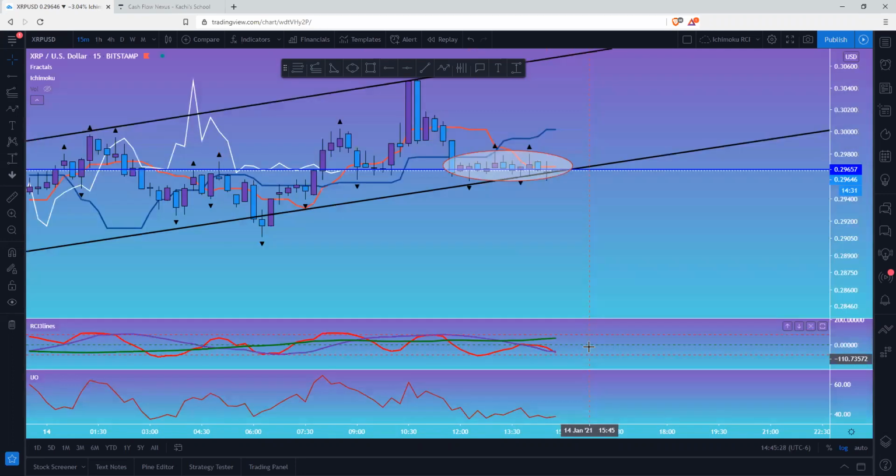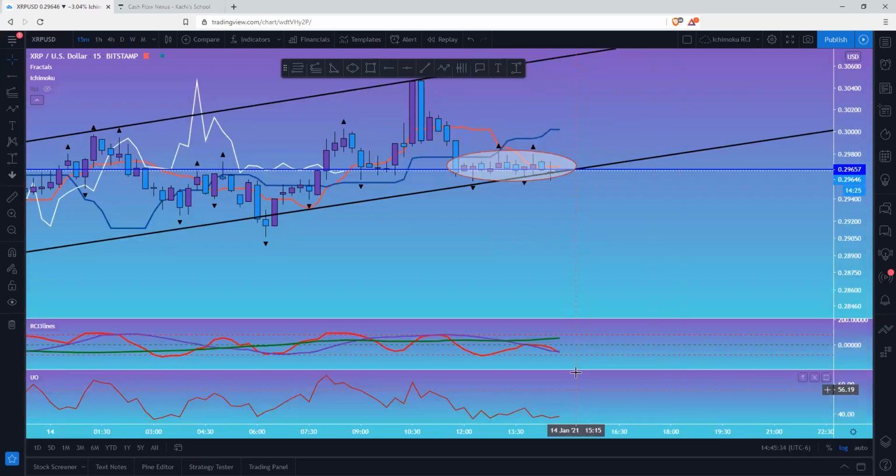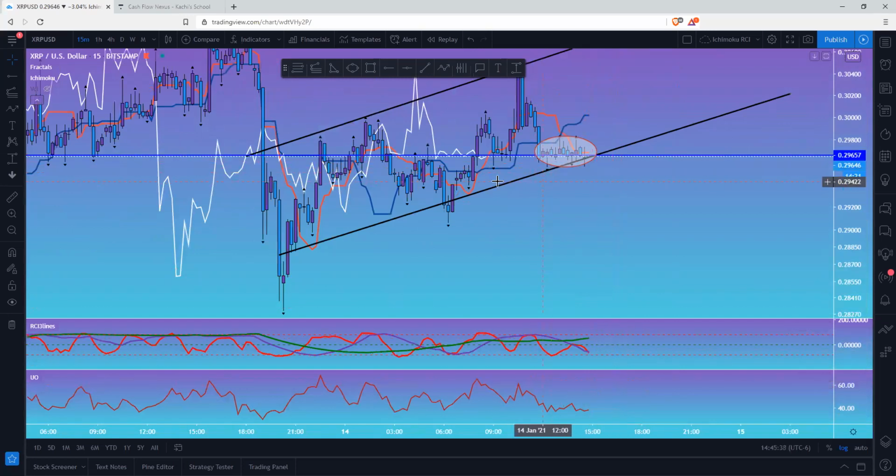Next thing we're going to do, we're going to see if we have any divergence at all. I want to see if I can spot this. So the market is moving sideways, consolidating, correct. Let's do that.